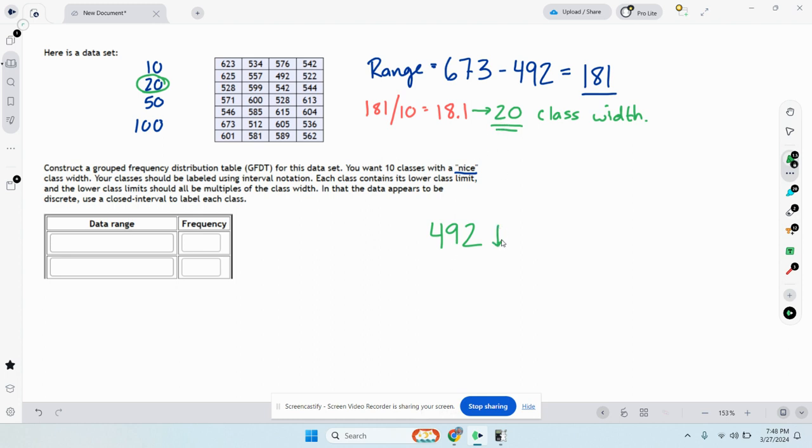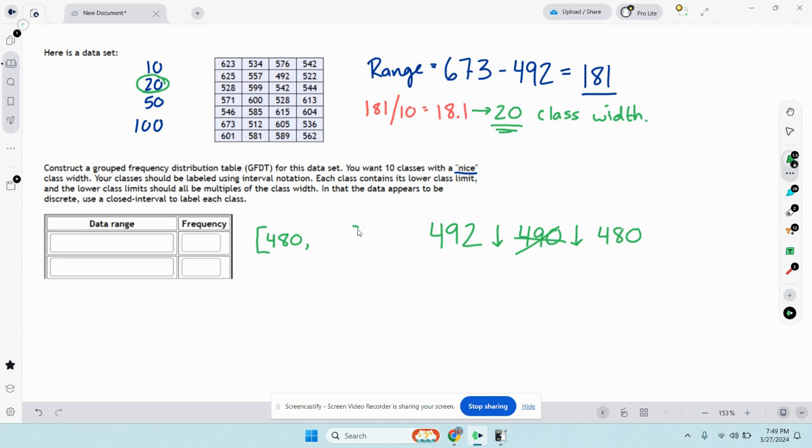So if I rounded this down to 490, could I start at 490? No, because 490 is not a multiple of 20. So I'd have to round down even further, and I'm going to start at 480. So the first number in my first interval is 480.